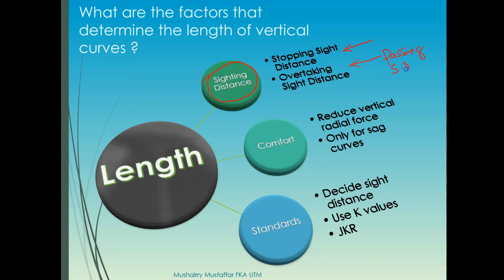They're simply the same thing. Stopping sight distance simply means that when you're going uphill, as soon as you see an obstruction or object in front of you, how long a distance do you need to stop. Overtaking, I think, is self-explanatory. When you want to overtake a vehicle in front of you, how far ahead can you see, so that it will be safe for you to overtake.